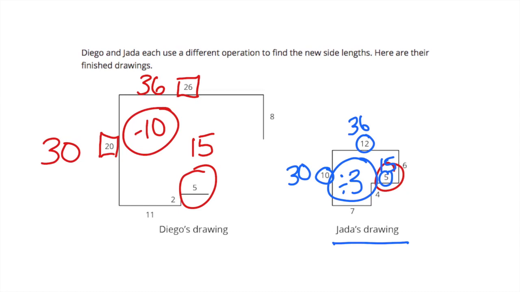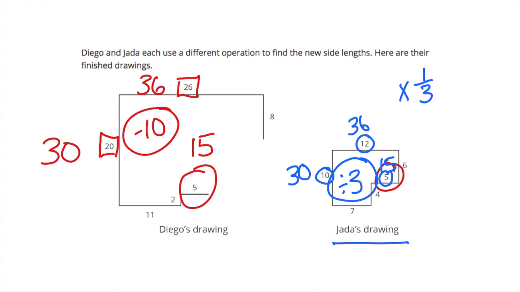So if we're thinking that Jada divided by 3, we would be incorrect, even though we would technically get the right answer. Since we always have to be multiplying when we talk about scaled copies, we did a little of this yesterday with some of your practice problems. But what could you multiply by and get the same result as dividing by 3? Hopefully what you're thinking is that we could multiply by 1/3. 1/3 is the reciprocal of 3, and it does the same thing.